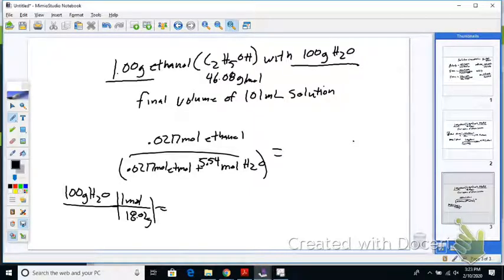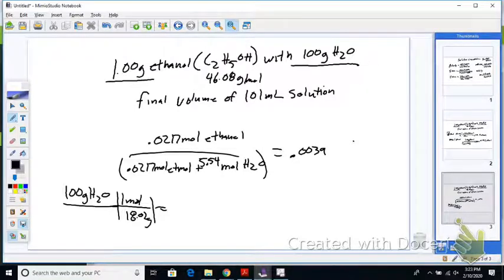So 0.0039. And that's the mole fraction of ethanol. What's the label for that? It's just 0.0039 mole fraction of ethanol.